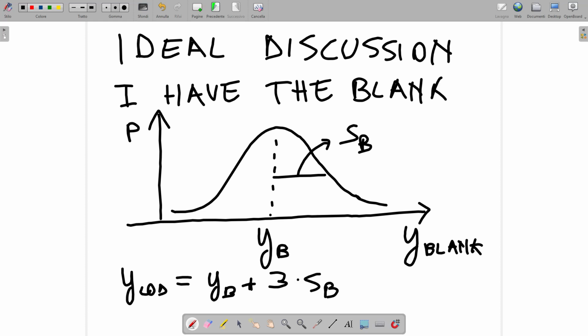So I decide this: if my signal is far from YB, at least 3 times the standard deviation, it is significant. Is it clear for you? So I take SB, I write 3 times, and I obtain Y LOD.